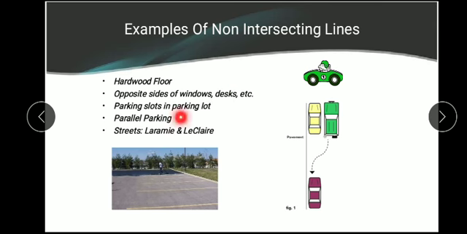Parking slots in a parking lot, you can see this line also will never intersect. Parallel parking, streets. So let's remember which are parallel, or we can say which will never intersect. Those are called non-intersecting lines, and they have equal distance between them.